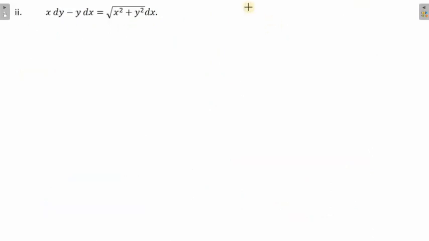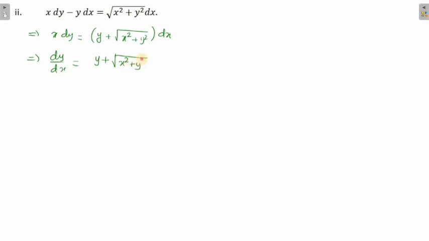In the next problem we have this one given to us. Let's quickly find dy by dx. First take dx out, so you get x dy is equal to y plus square root of x square plus y square dx. Now do the separation, so you get dy by dx is equal to y plus square root of x square plus y square divided by x.